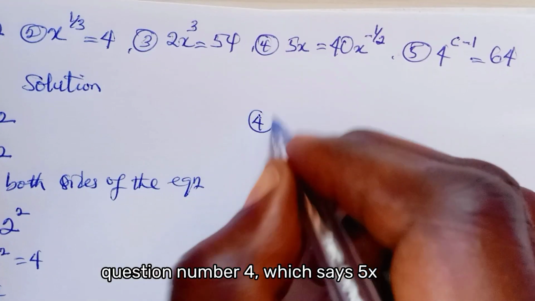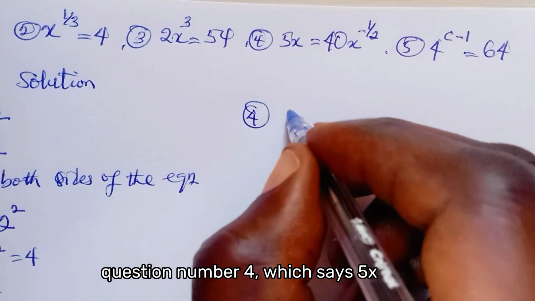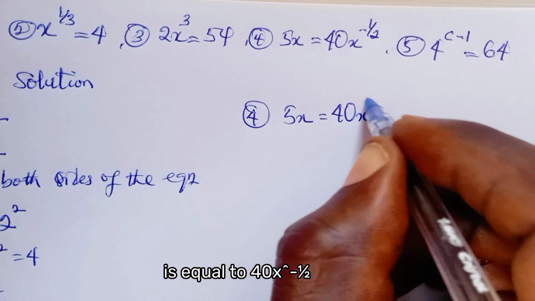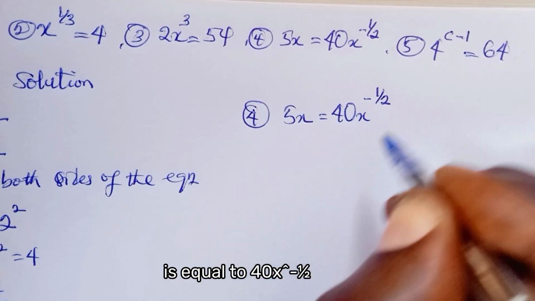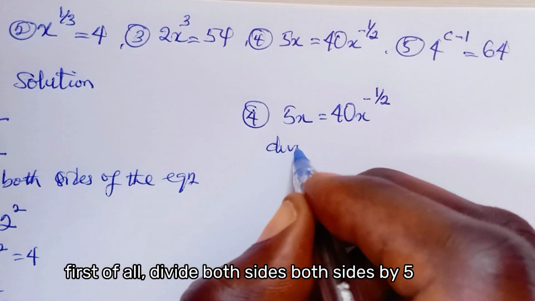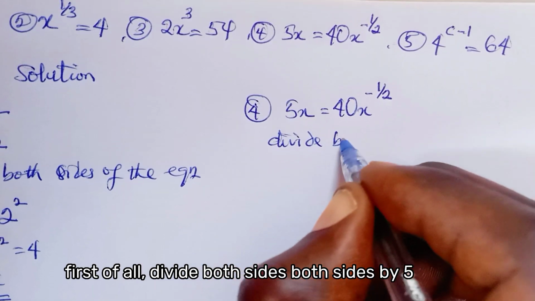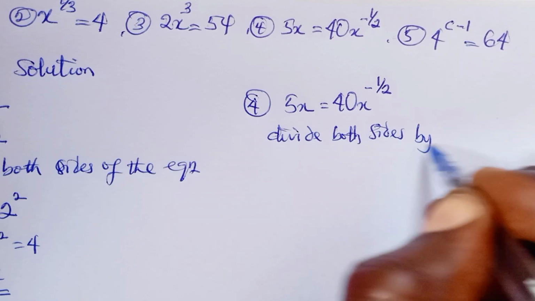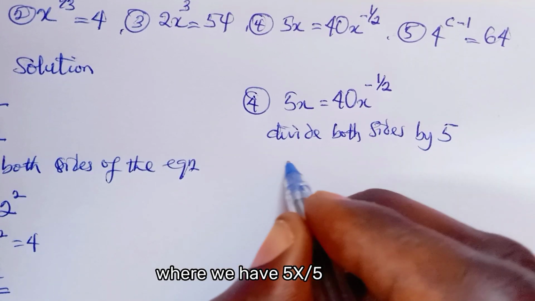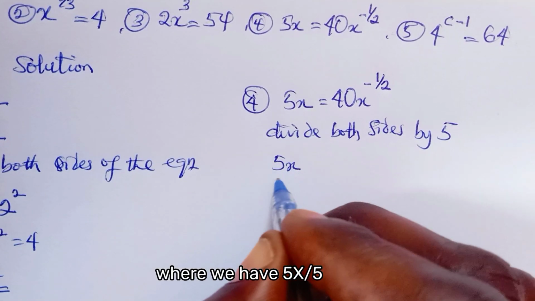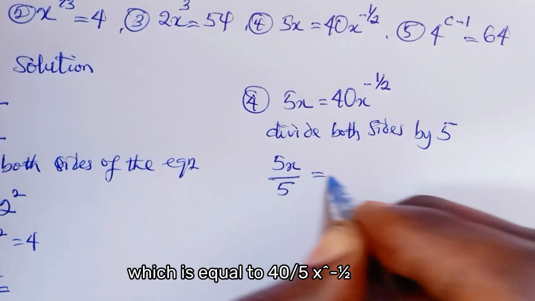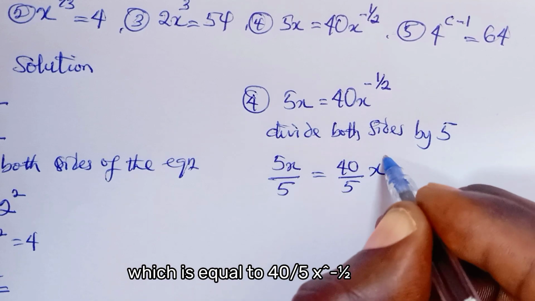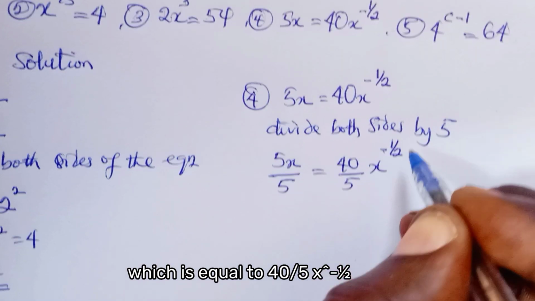So question number 4, which says 5x is equal to 40 x raised to power minus 1 all over 2. First of all, divide both sides by 5, where we have 5x all over 5, which is equal to 40 over 5 x raised to power minus 1 all over 2.